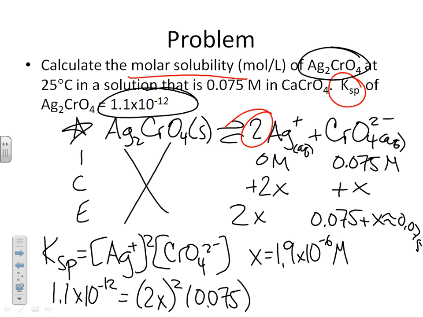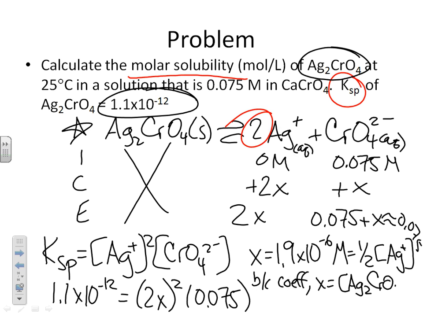Now, when you look at your ice chart in terms of what x represents, x is half of the silver ion concentration, because 2x is the silver ion concentration. But we actually like x. Having x here is good because of coefficients, because of stoichiometry. X is actually equal to the molarity of the thing that we want, the silver chromate.